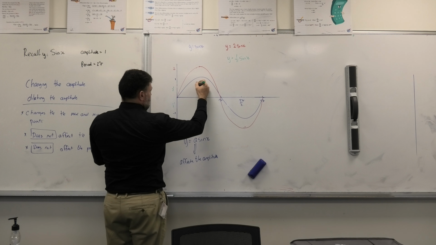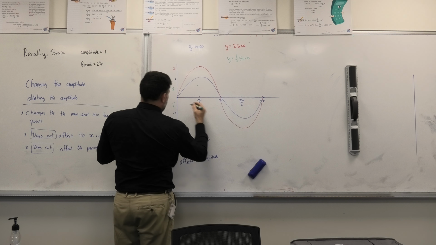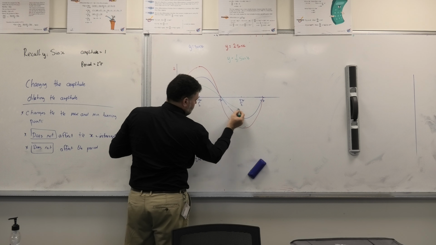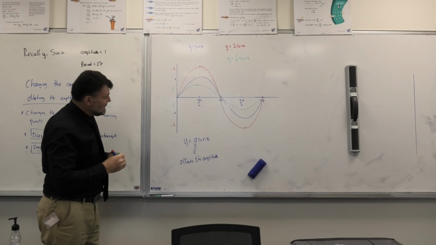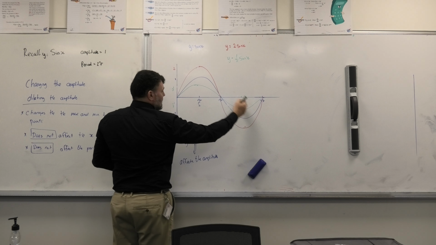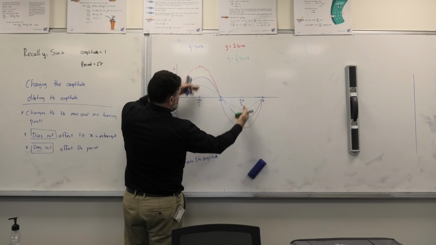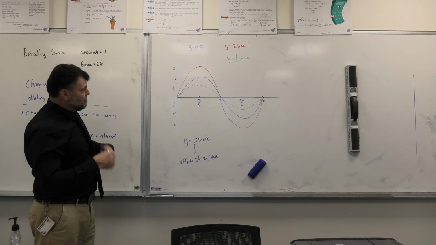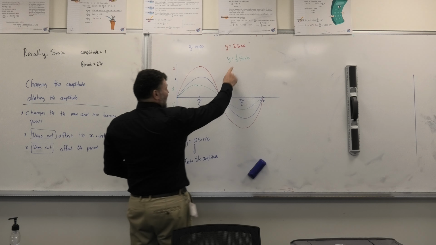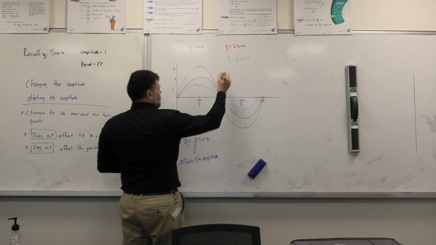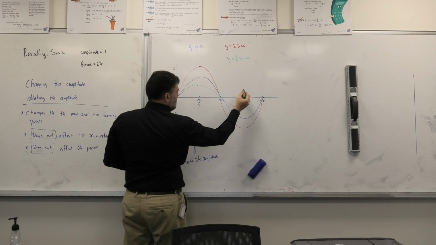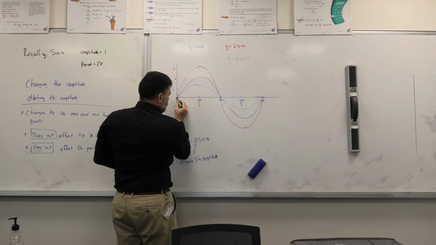Again, I'm just putting my points where the turning points would lie. You can see it's exactly the same period and exactly the same x-intercepts, I'm just changing the maximum and minimum turning points. And if I make this a negative, as we recalled from the last one, then I just basically reverse the graph.